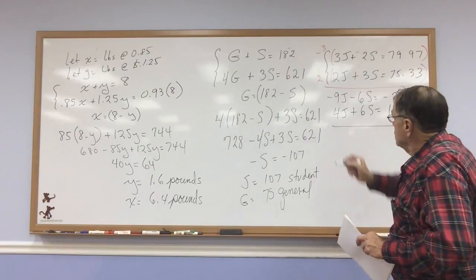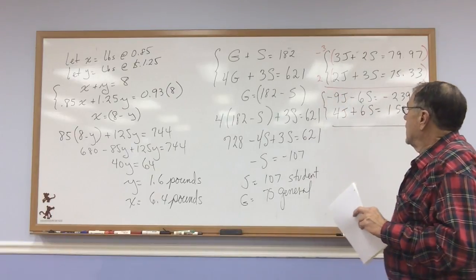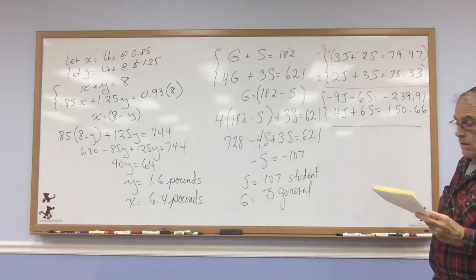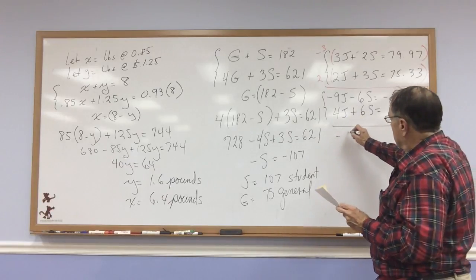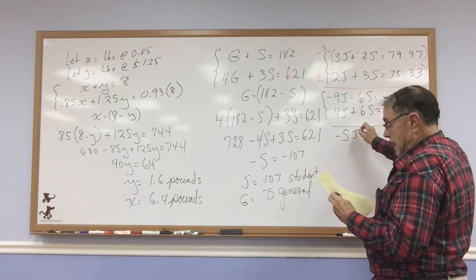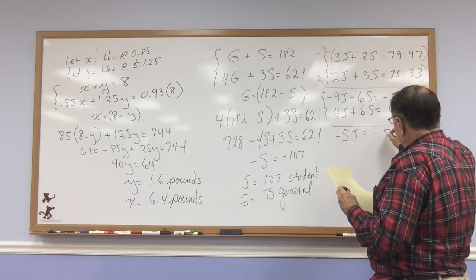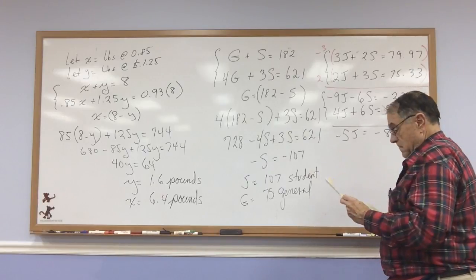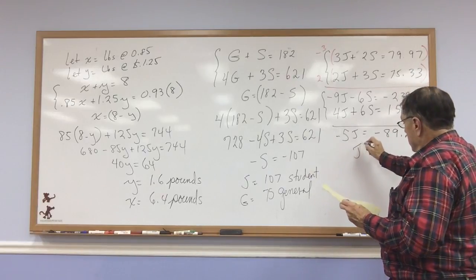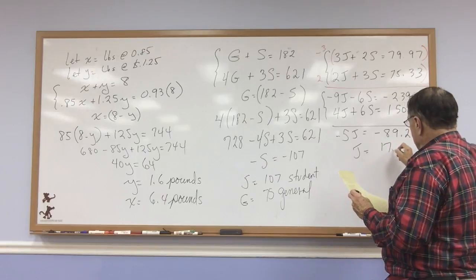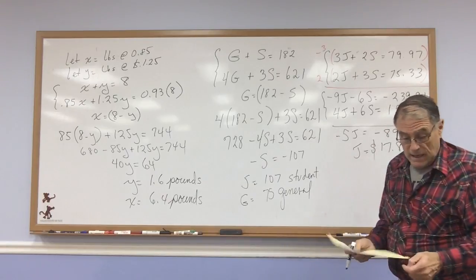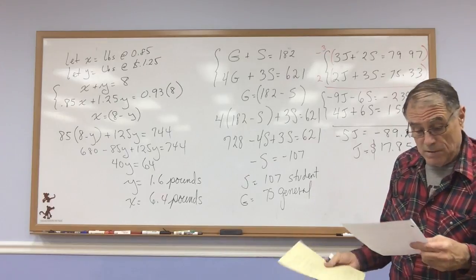So now I have these two equations, and I can add, and I will eliminate that s when I do, and I have -5j is equal to -89.25. When I divide, j equals 17.85. So that tells me then an answer to my question.